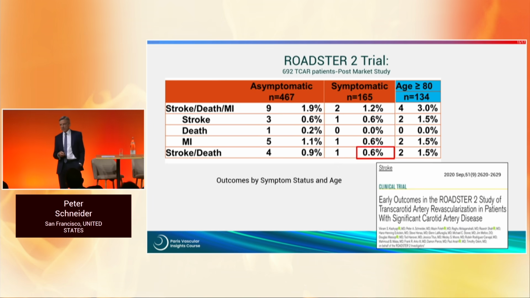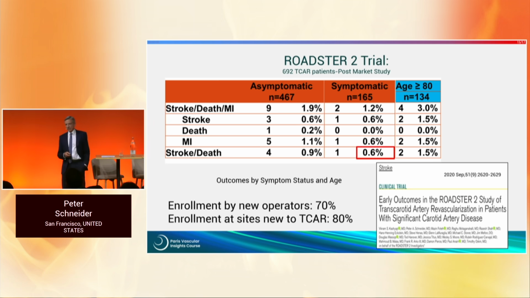This is ROADSTER 2, symptomatic patients, 0.6% risk of stroke and death with enrollment by new operators and new sites. This is really something to think about. Every single carotid study we've done, whether CEA or stent or some combination, requires highly vetted operators. Think of CREST 2 that was just recently published.